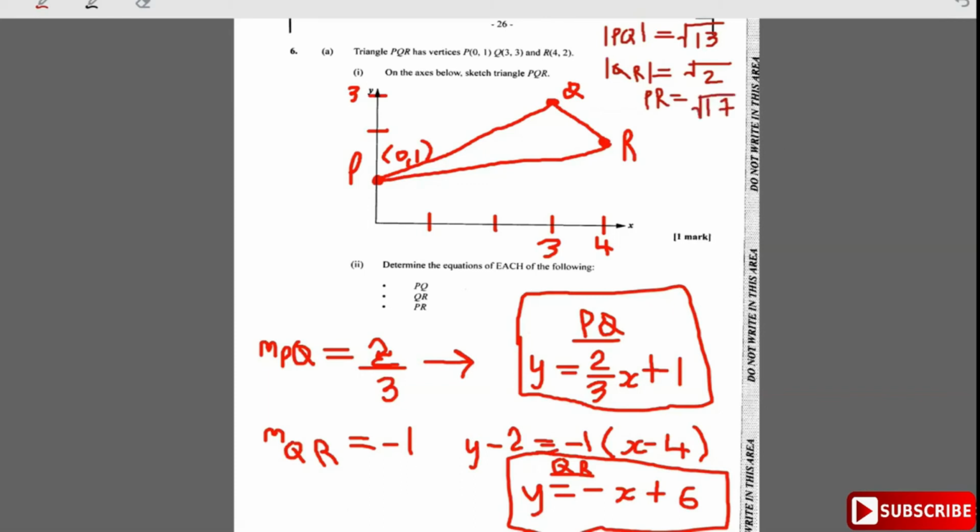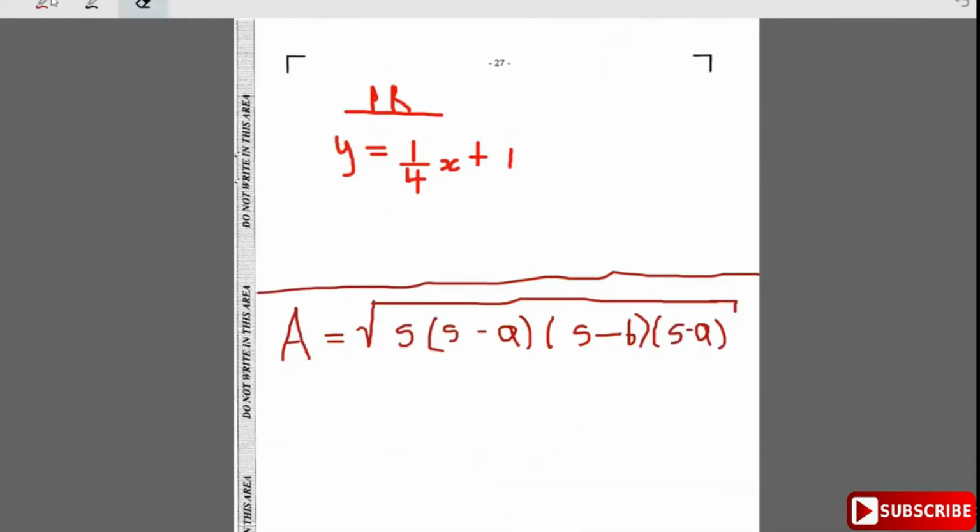All right. So I'm going to use that to find out the area. Yeah, man, I just like to use formulas that we never used before in CSEC. They were just there. So S is going to be equal to the root of 13 plus the root of 17 plus the root of 2, divided by 2.